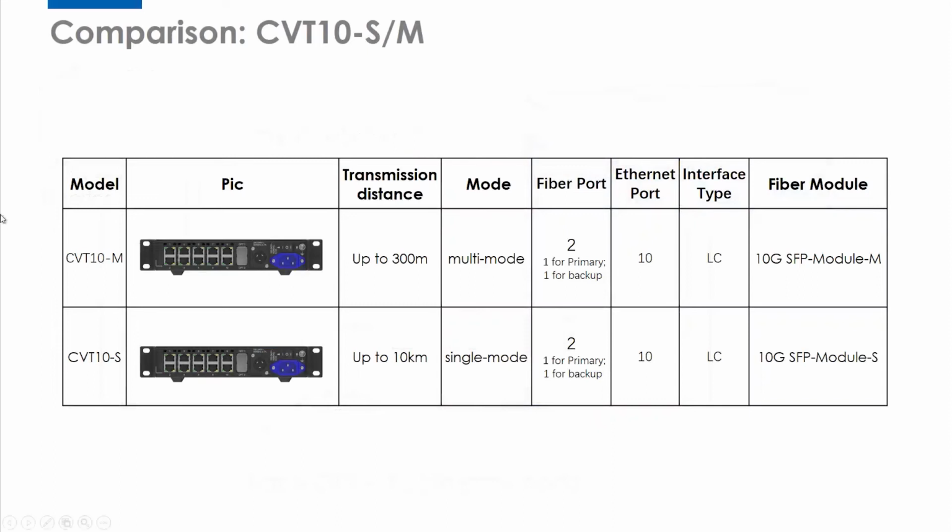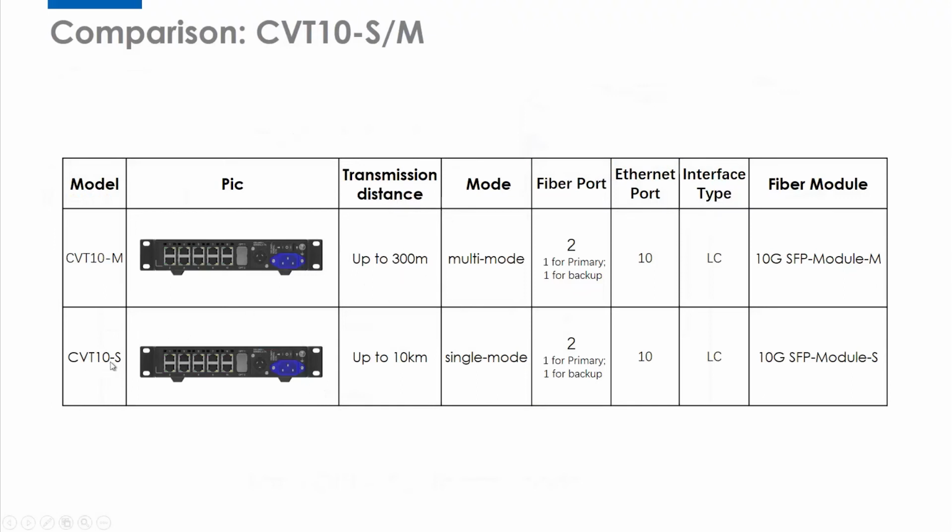As you can see, it has 2 models. One is -M and another one is -S. The main difference is just like CVT4K. The main difference is transmission distance. For -M, its transmission distance is up to 300 meters.